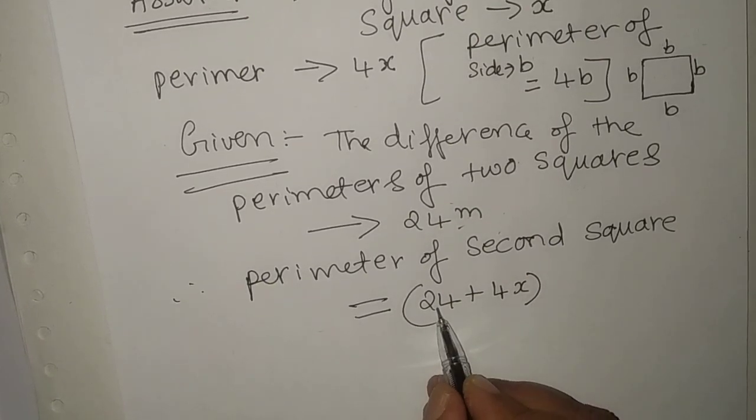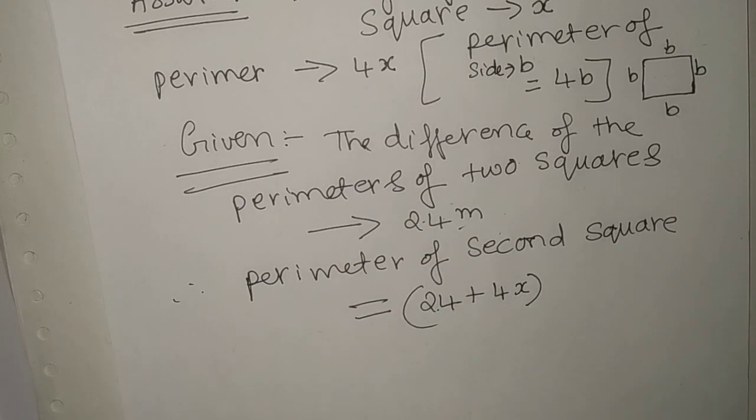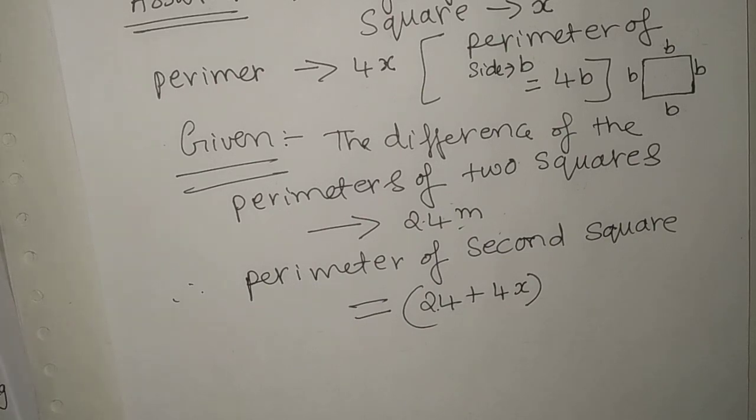Okay, 24 is the difference, plus this one. 24 plus this side, this one.